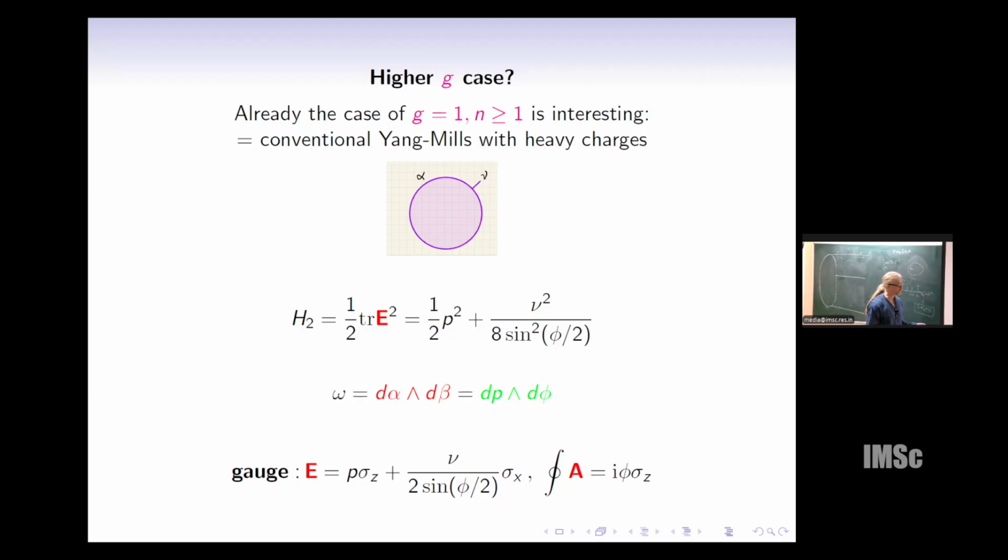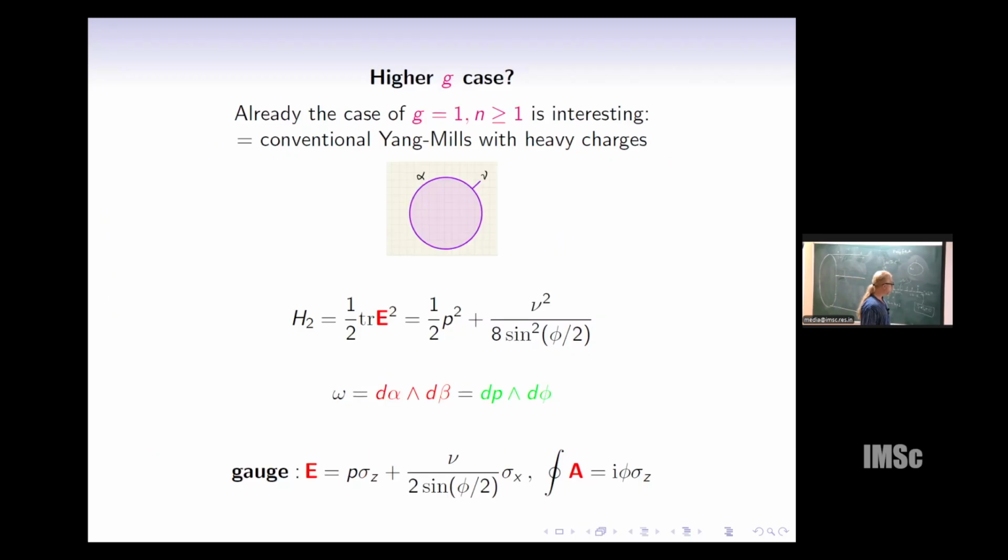So this is the repulsive potential, and this is the kinetic term. This is the relative motion of two particles which live on a circle, which repel each other with inverse sine square potential.